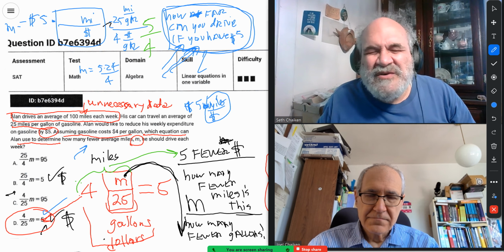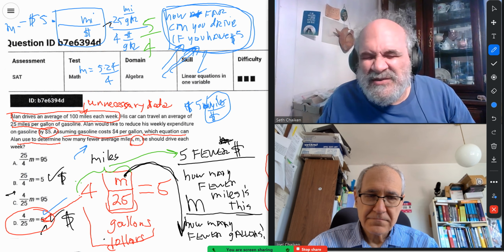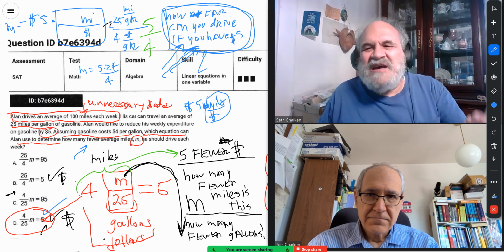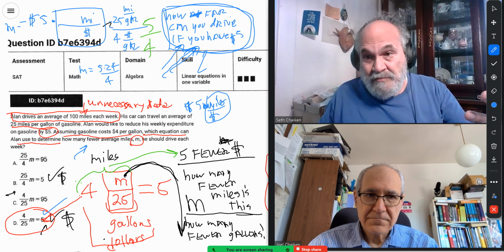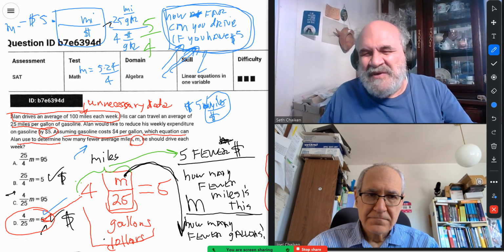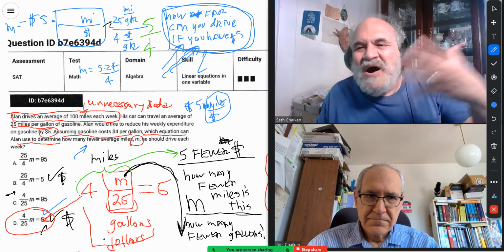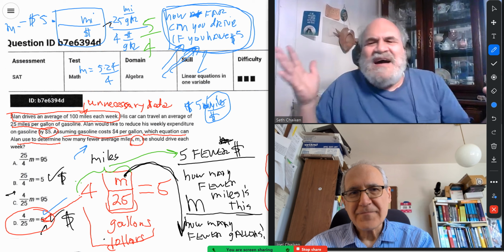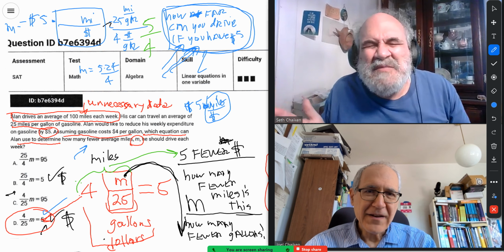The formulas, the relationships are exactly the same for what you save by not purchasing something as for what you spend by purchasing something. Exactly the same thing, the same numbers.